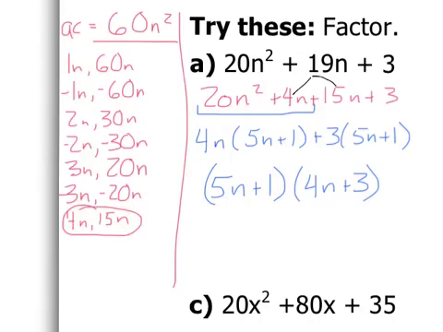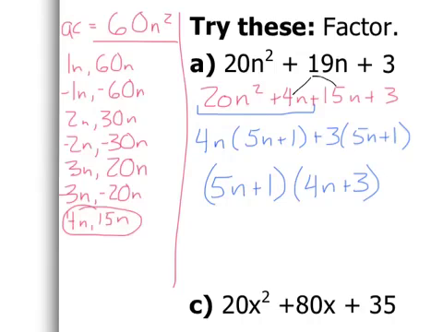Secondly, I'll write the if over here. Secondly, I'm going to try grouping. When do I use grouping? When there's 4 terms, right? So 4 terms only. If there are not 4 terms, if there are only 3 terms, I have to take one more step back. And if there are 3 terms, what do I try?